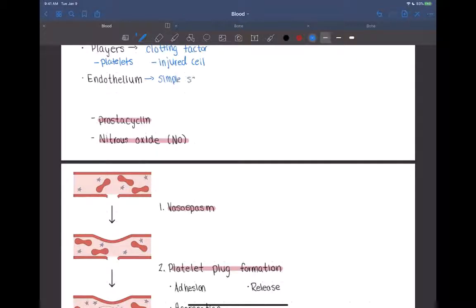Okay, and so the job of this endothelium is to provide an extremely smooth surface on the inside of the blood vessel. So essentially it's kind of like a non-stick coating on the inside of the blood vessel. So smooth surface inside the blood vessel.